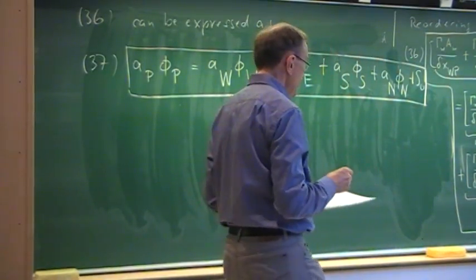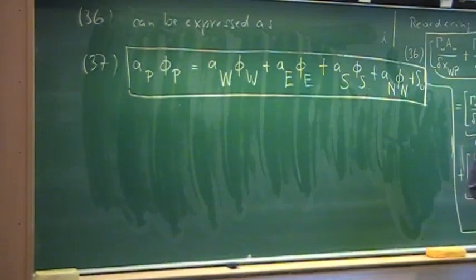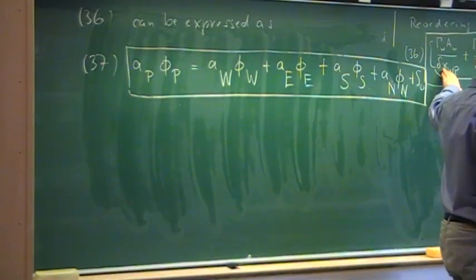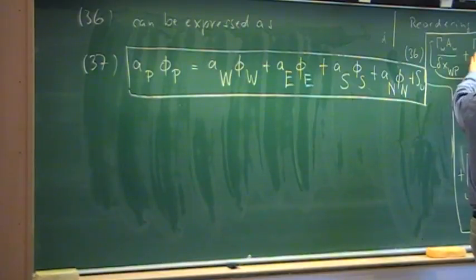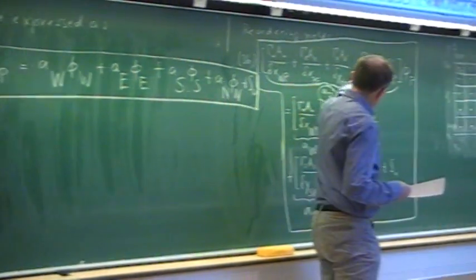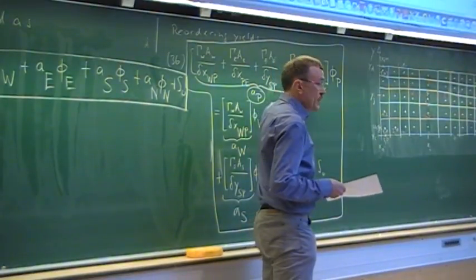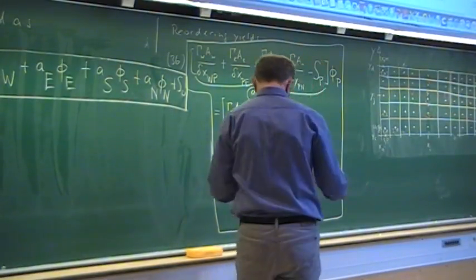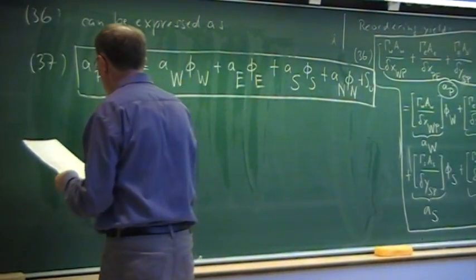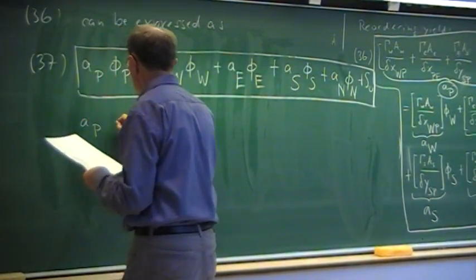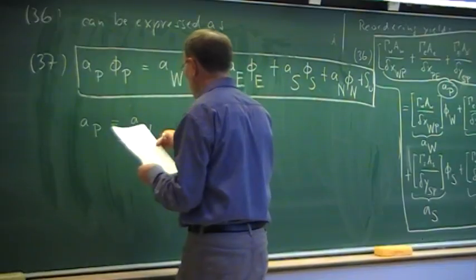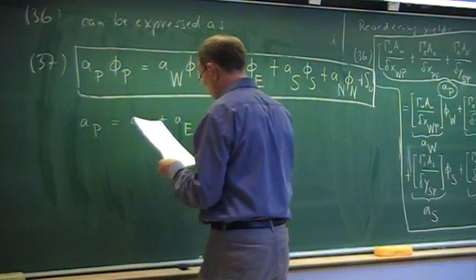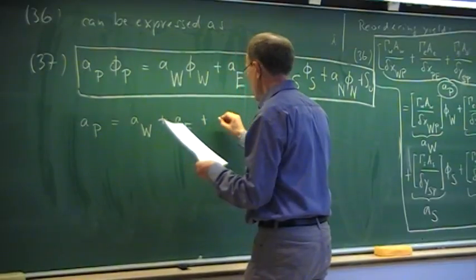Very important again here is the fact that we can see by looking closely at the coefficient AP. The coefficient AP consists of the sum of all neighbors, AW, AE, A south, and A north, minus the coefficient from the source term. So that means we have here again, as we had in 1D, the situation that AP consists of the coefficients of the neighboring nodes minus the coefficient coming from the source term.